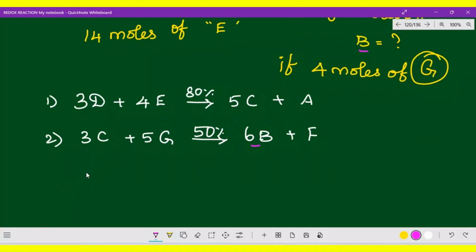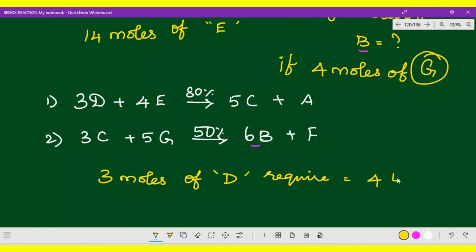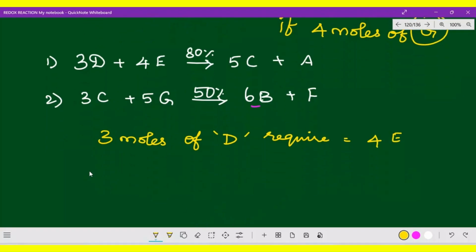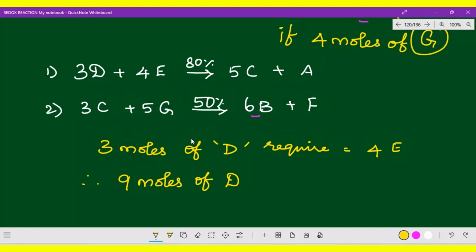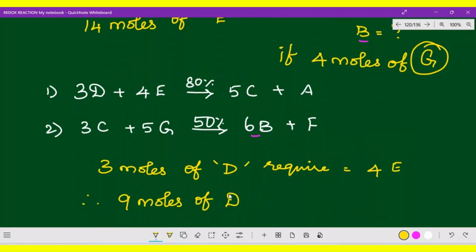Here, the first one: 3 moles of D require 4 moles of E. Therefore 9 moles of D, as the question data they have provided, require how many moles of E?